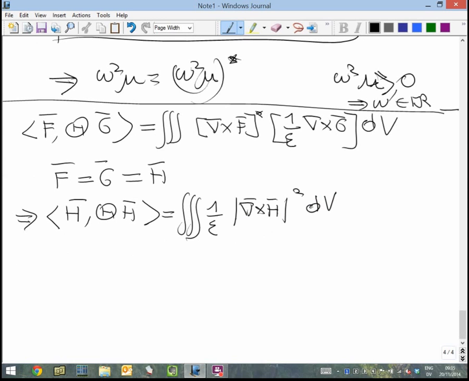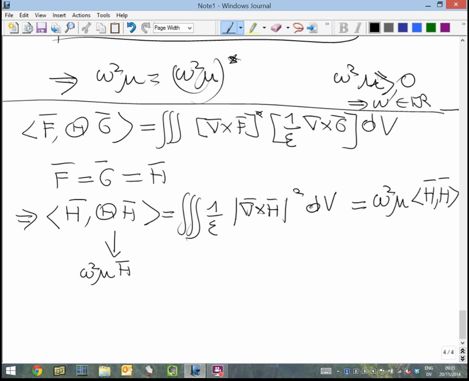And if I say that my H is a solution to my eigenvalue problem, that of course means that theta H is equal to omega squared mu H. If I know that, then I know that my left-hand side is also equal to omega squared mu. That's then just a number which we can bring out of our integral.